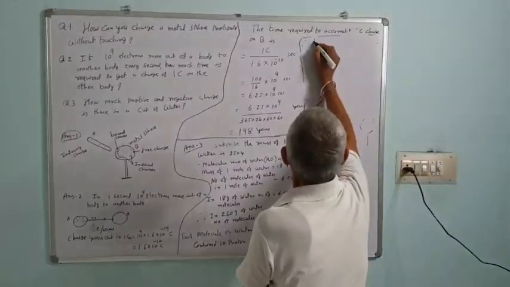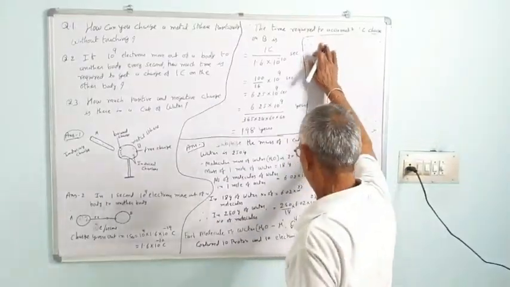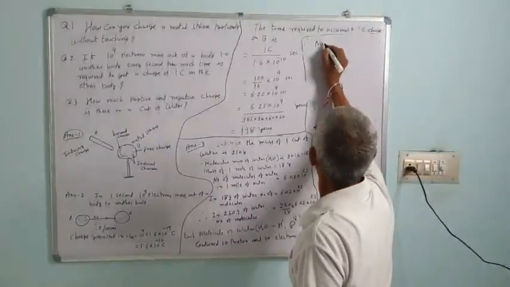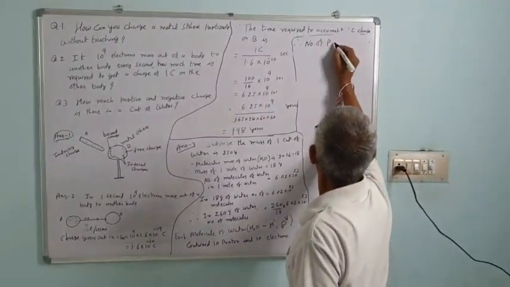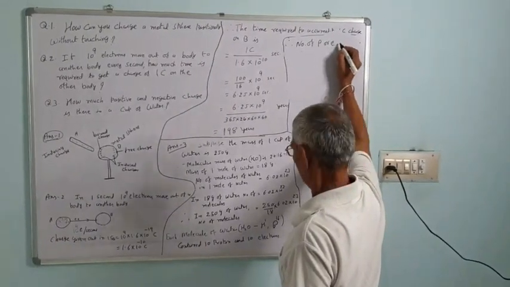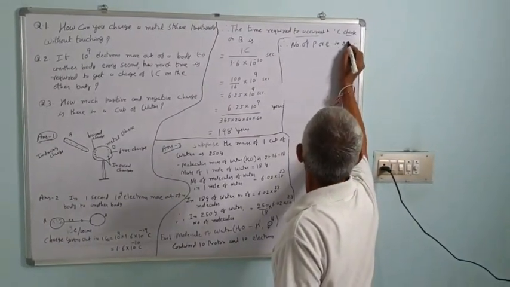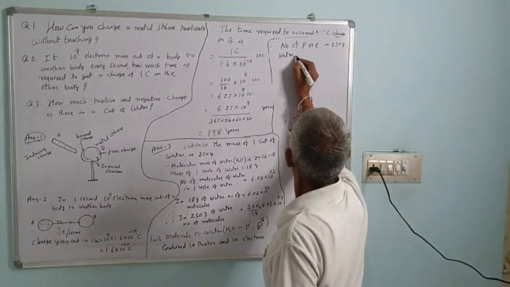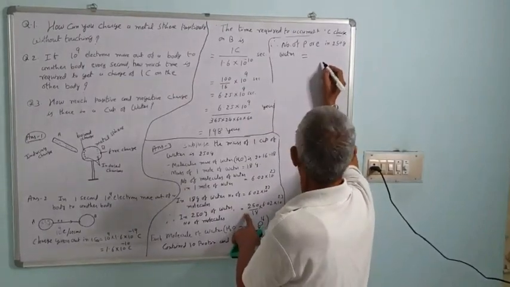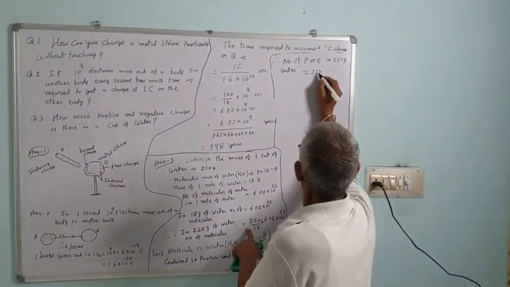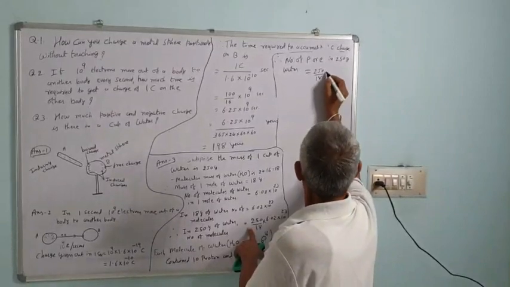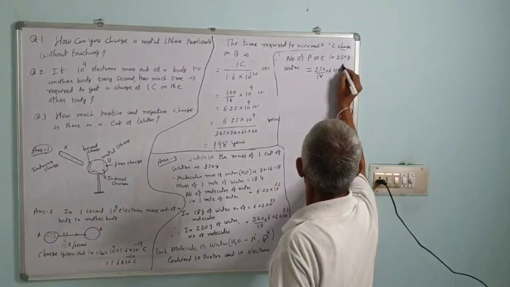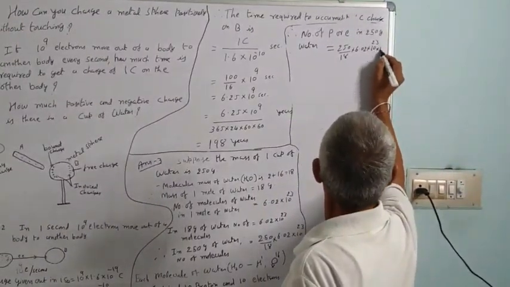Therefore, the number of protons or electrons in 250 grams of water is equal to 250 upon 18 into 6.02 into 10 raised to power 23 multiplied by 10.